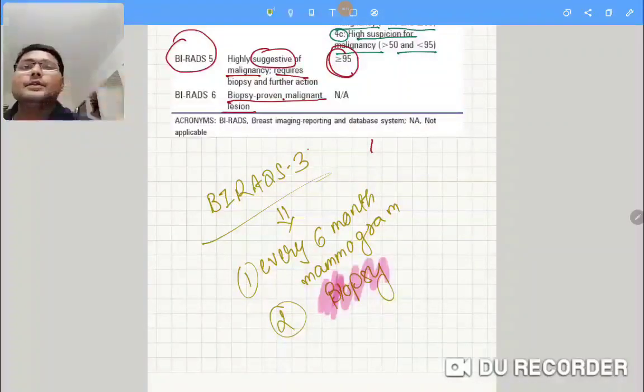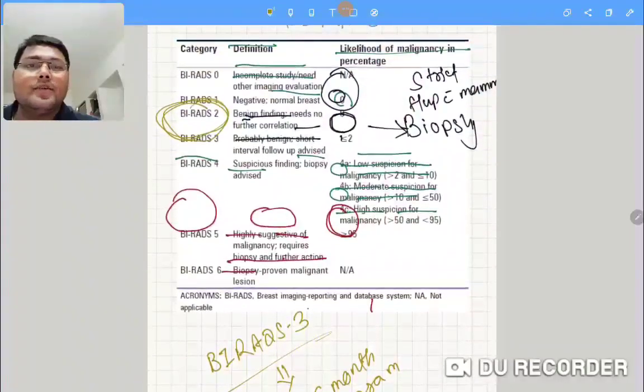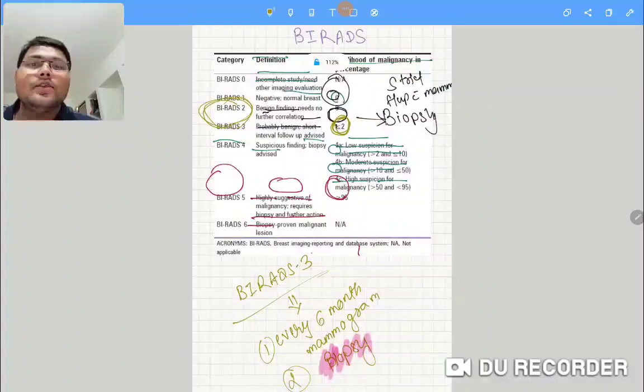So this is the catch here. You should go for biopsy in this patient, because the chance of malignancy is less than or equal to 2%, which is a very significant number, right? So this is all about BI-RADS.